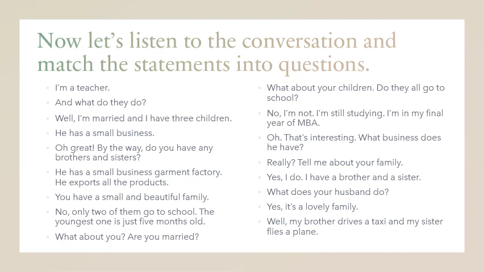You have a small and beautiful family. Yes, it's a lovely family. And what about you? Are you married? No, I'm not. I'm still studying. I'm in my final year of MBA. Oh, great. By the way, do you have any brothers and sisters? Yes, I do. I have a brother and a sister. And what do they do? Well, my brother drives a taxi and my sister flies a plane. Oh no, kidding.